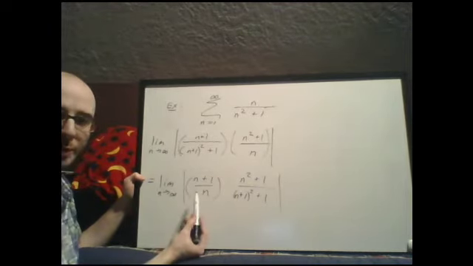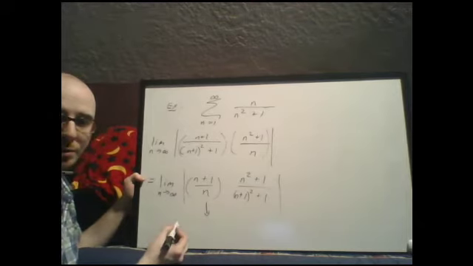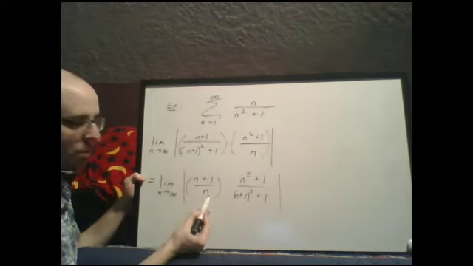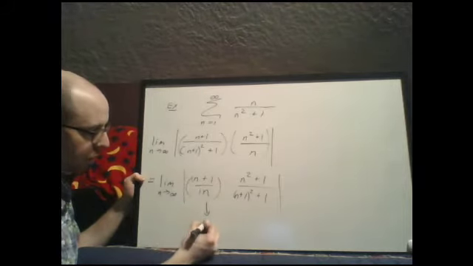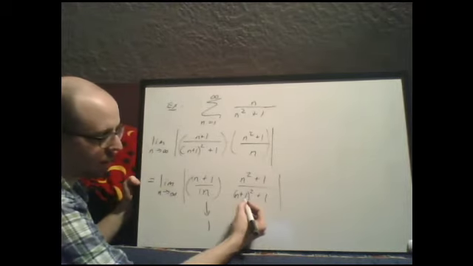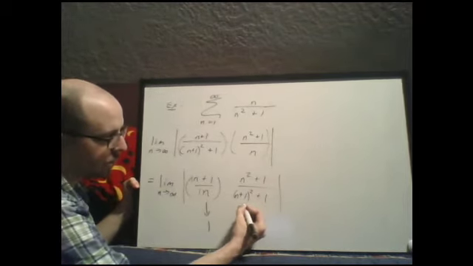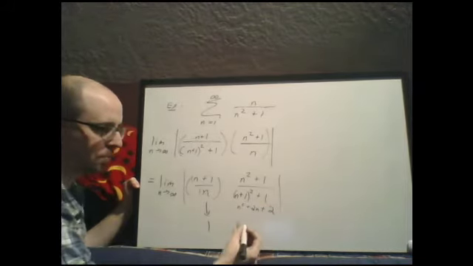N plus 1 over n, that by itself is a rational expression with the same degree on the top and the bottom, n over n, so that's going to approach 1 over 1. Here, I need to multiply out a little bit, but if I multiply this denominator, I have n squared plus 2n plus 1, plus 1, so plus 2.